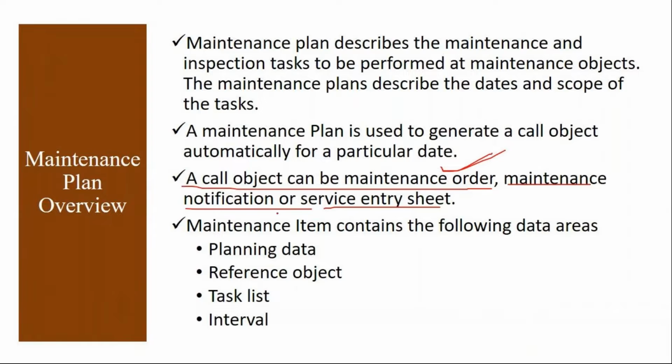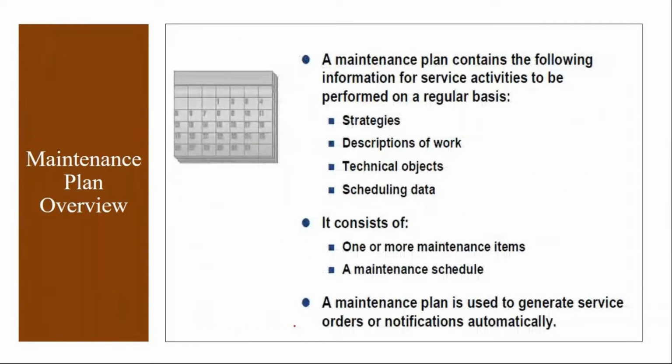So maintenance item data contains the following data areas. It contains planning data, the reference object, the task list, which we discussed already in the earlier session, and interval. All these things I will show in the system. Basically the maintenance plan contains the following information for service activities to be performed on a regular basis.